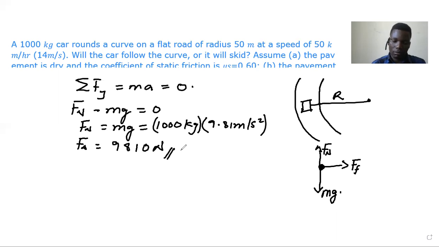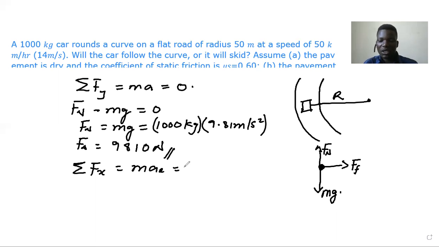This net horizontal force is m times a, of which we know that the acceleration is the centripetal acceleration, which is given by the square of the linear velocity divided by the radius.